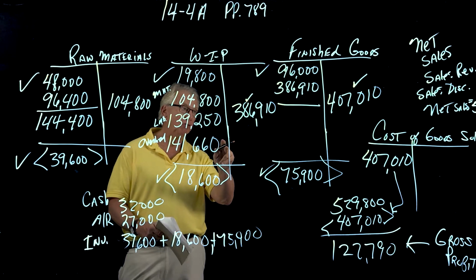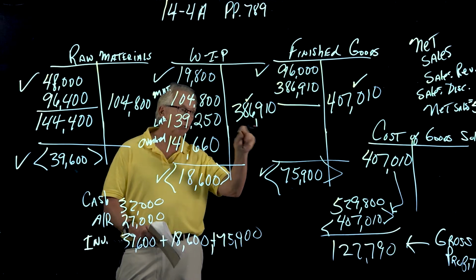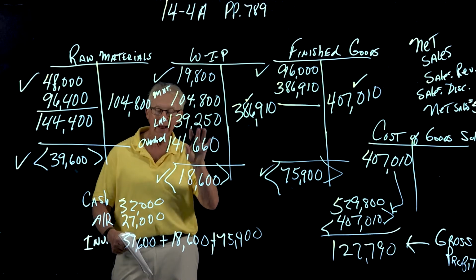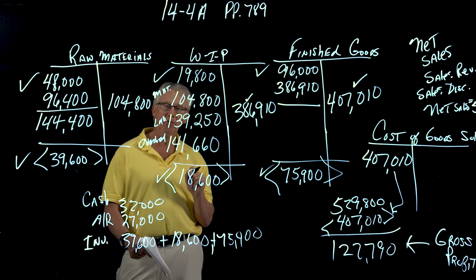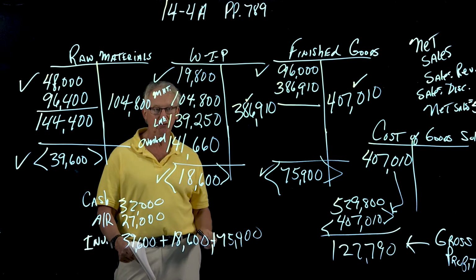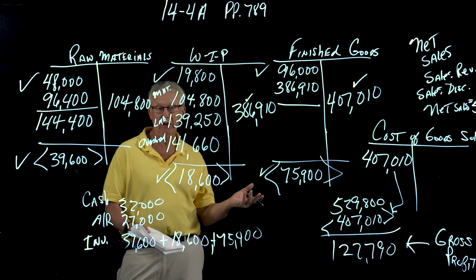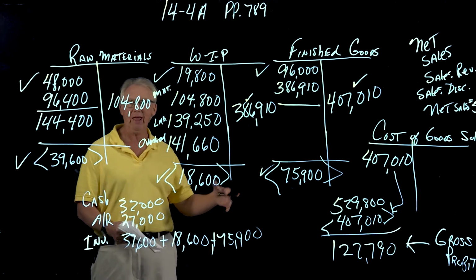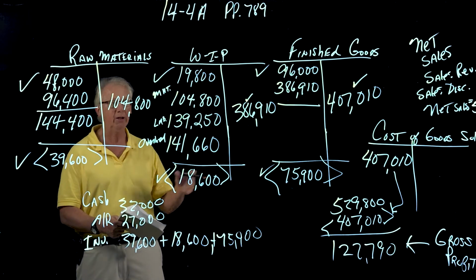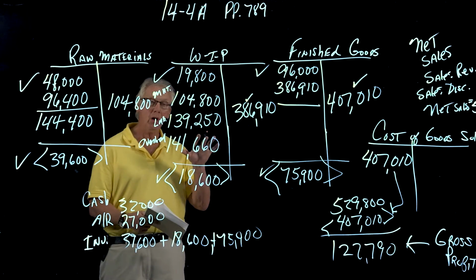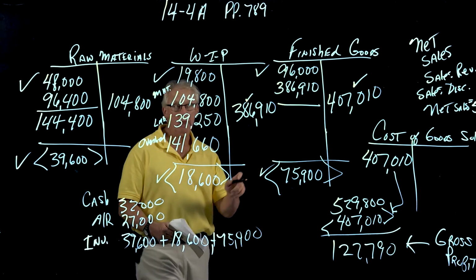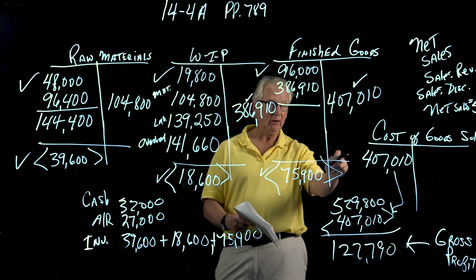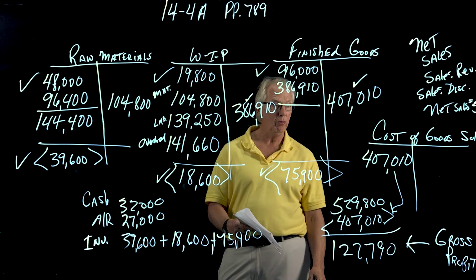And from finished goods, it travels to cost of goods sold when you sell the product. If the product does not get sold for a while, it sits in finished goods. I always tell everybody in class that finished goods is actually the warehouse where the product sits. When it gets sold, it gets credited from finished goods and comes over into cost of goods sold.